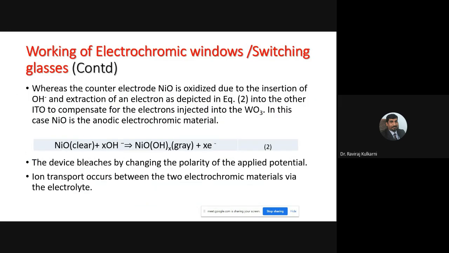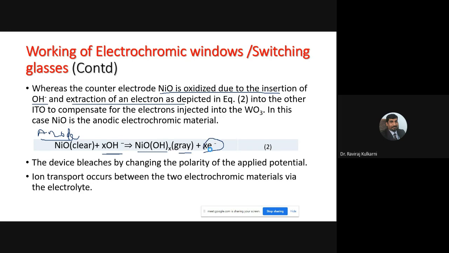So what happens to the counter electrode? Nickel oxide is oxidized due to the insertion of OH- ions, with extraction of electrons as depicted. When I say anode, it has to give electrons, so it undergoes oxidation, and tungsten oxide undergoes reduction. Nickel oxide reacting with OH- ions gives nickel hydroxide, which is a gray material, and you get electrons.